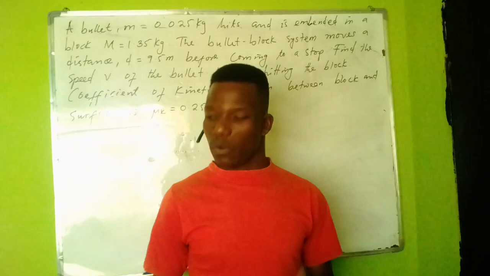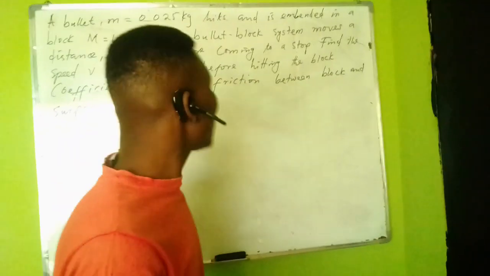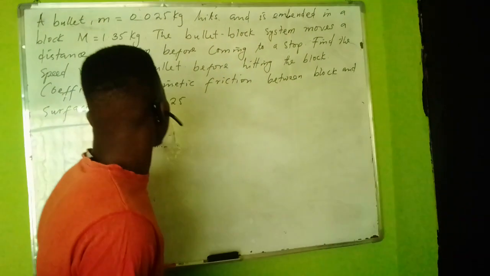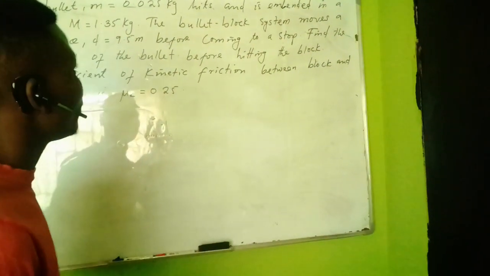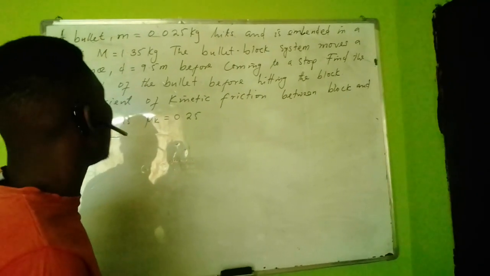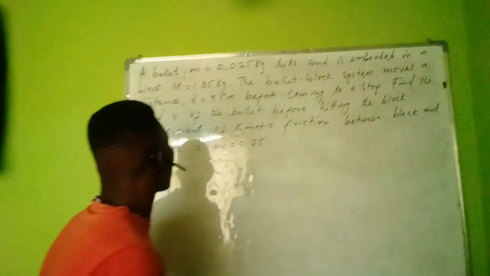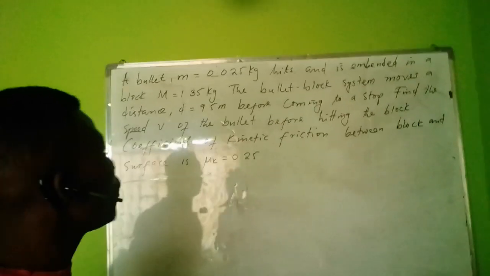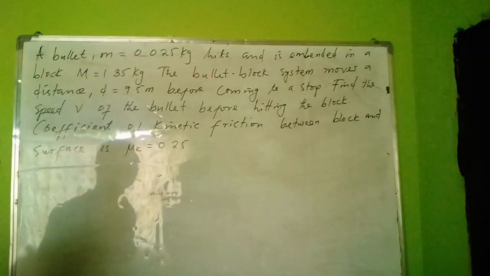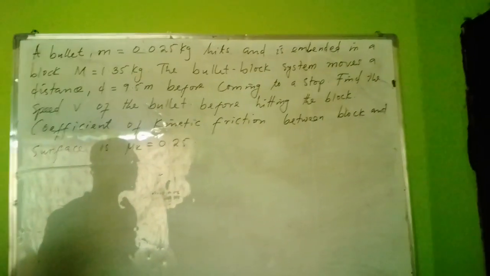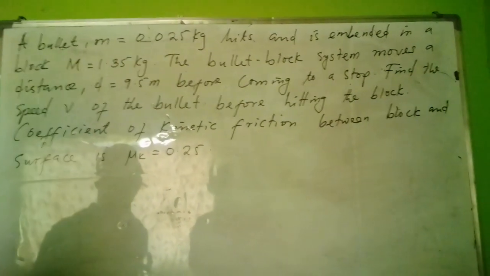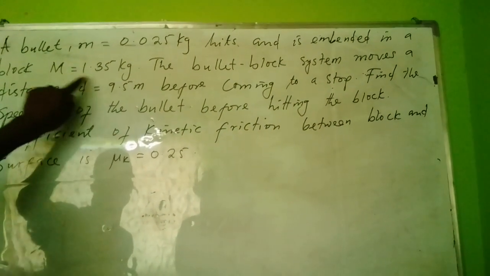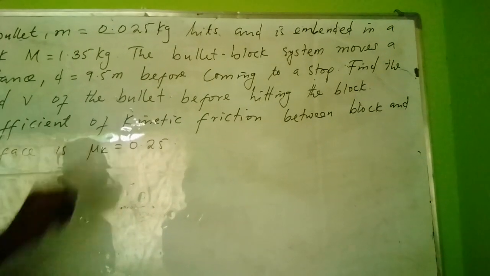Okay, so today we are dealing with this question. I think this must be dynamics, that's to do with dynamics or linear momentum. Okay, so it says a bullet of mass 0.025 kg hits and is embedded in a block of mass 1.35 kg.